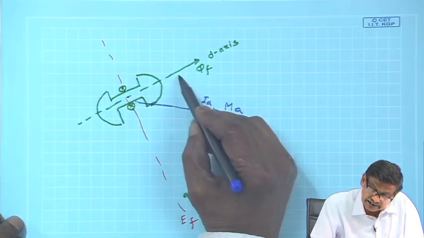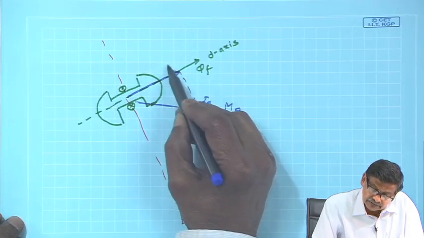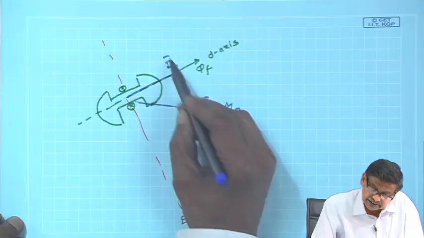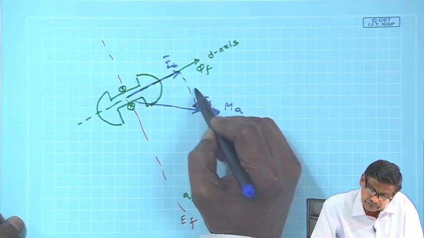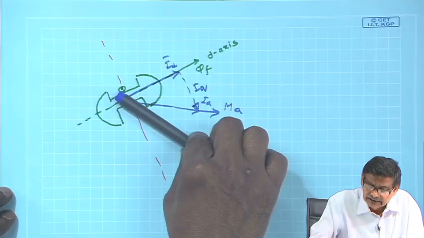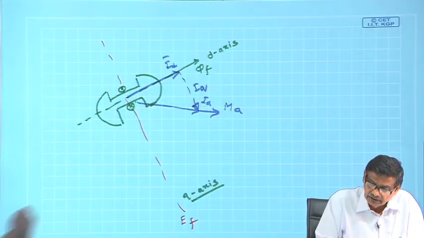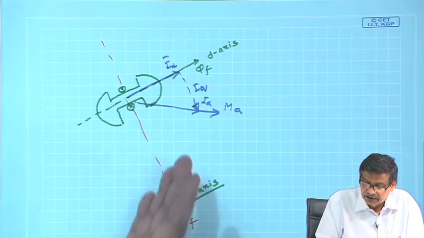For example, this I A can be thought of as the phasor sum of these two currents, I d and I q. No matter where the I A will be, I can always find out its component along the direct and quadrature axis.